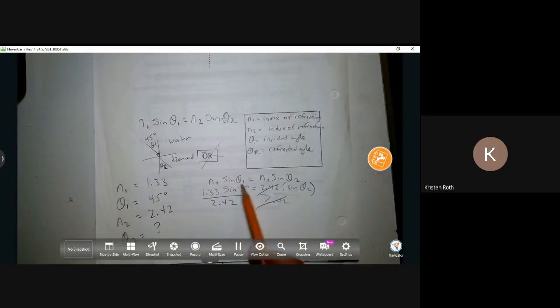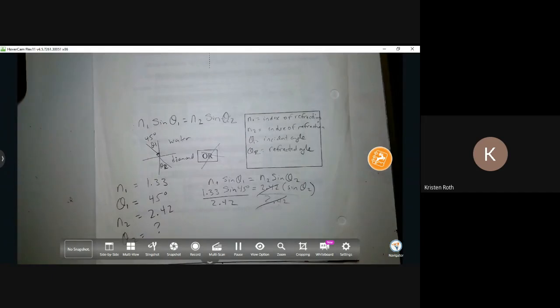Some calculators you have to put the angle in first. So make sure you figure that out before you submit any answers to any questions on any test, because you want to make sure that you don't submit it wrong.